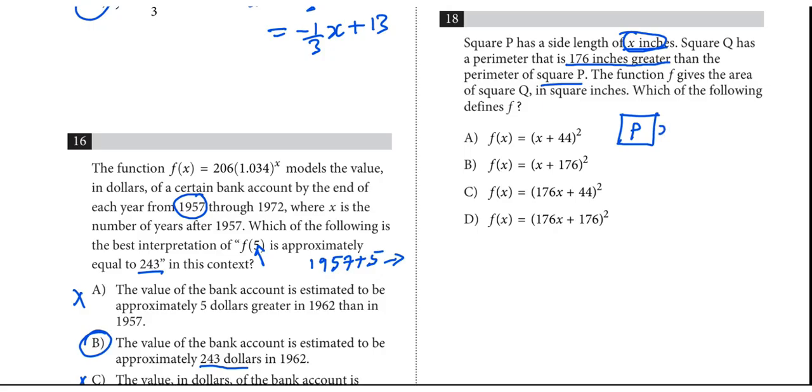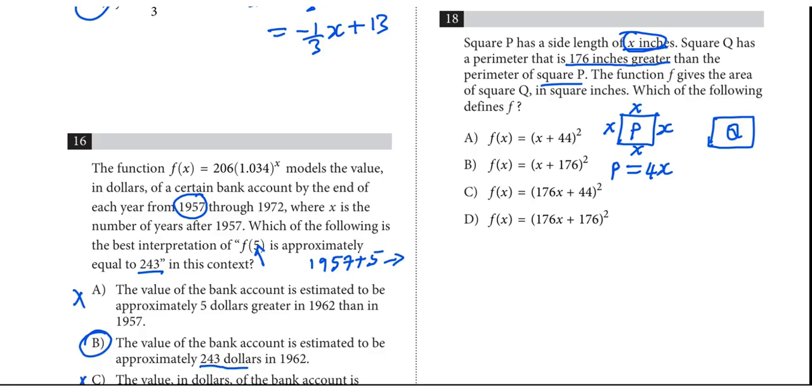The side length is X, so let's make this X, and square Q, we are told that the perimeter of square Q is 176 greater than the perimeter of square P. So now we need to find the perimeter of square P because the side length is X. So the perimeter of square P will be equal to 4x because each of the sides is X. So if you add up this X, it's going to give us 4x.